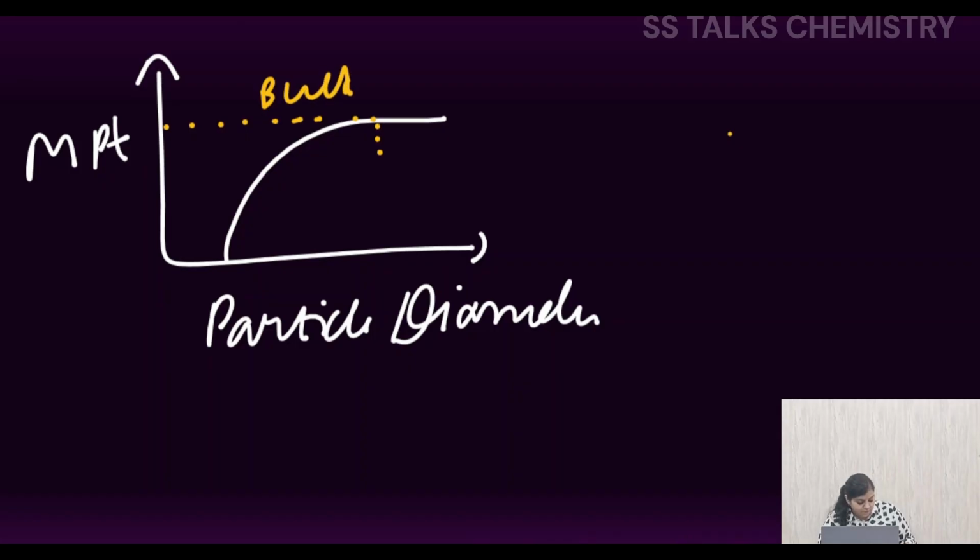So for the bulk material you can see a large diameter, and as you decrease the size of the particle, the melting point correspondingly decreases. And in between these two, as the particle size decreases, the melting point also decreases over here, right? So this type of plot has been observed. So this is how the melting point varies.